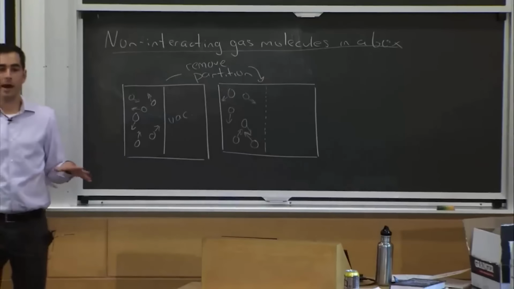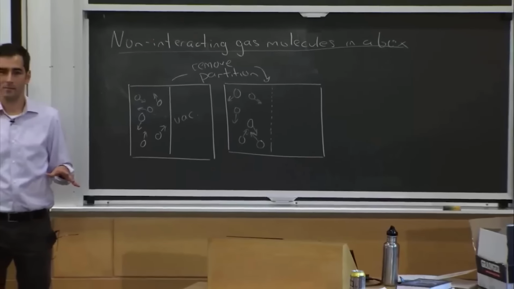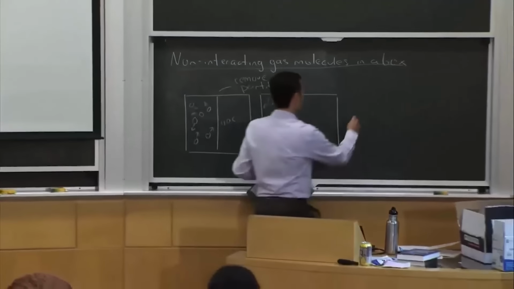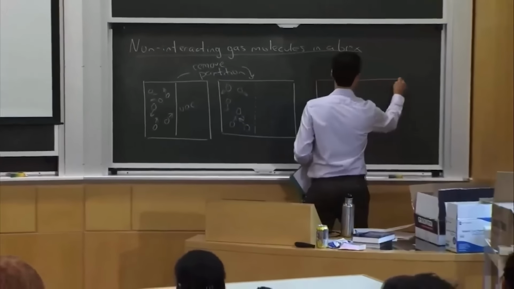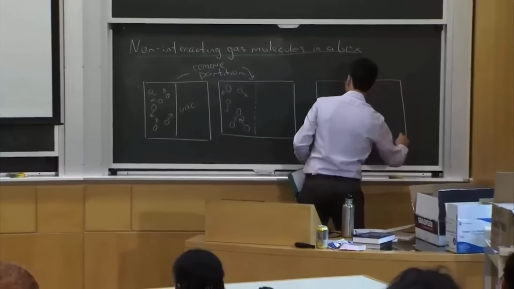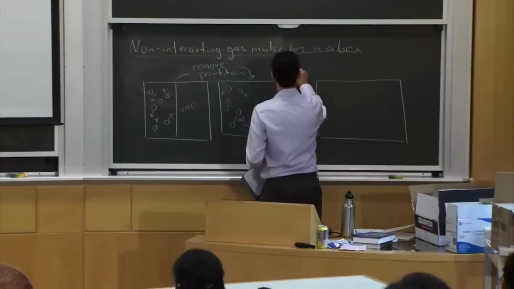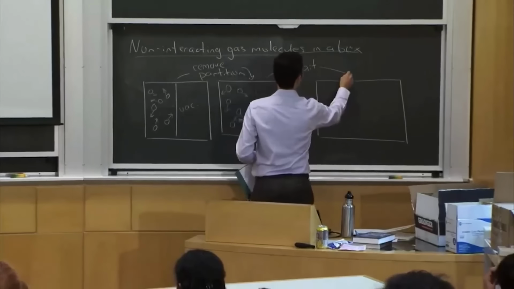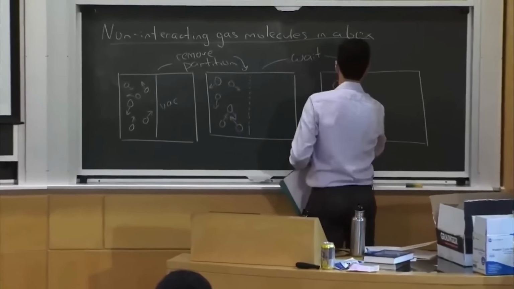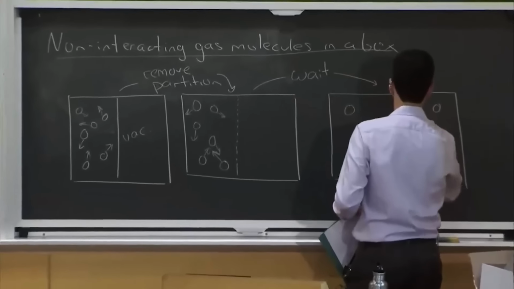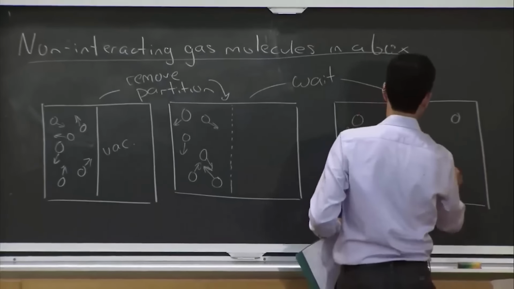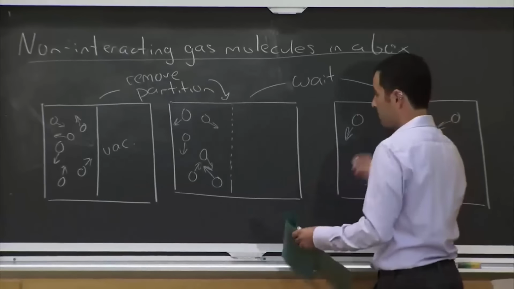OK, now what's going to happen? Yeah. OK, so this is what's going to happen. So what I'm going to say is the next step is we just wait. We don't do anything. We just wait. And we probably don't have to wait very long, right? We don't have to wait very long before the gas molecules are randomly distributed around the space, zooming this way and that.